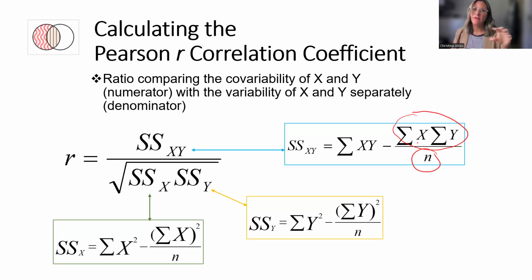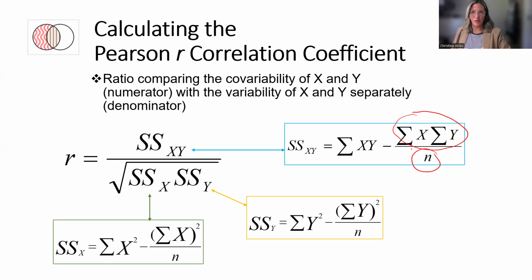Because for every participant, you have a measure for the X variable and a measure for the Y variable. A very common thing we look at, like we've looked at, is social media use related to self-esteem, like the number of hours you use social media and your self-esteem score.